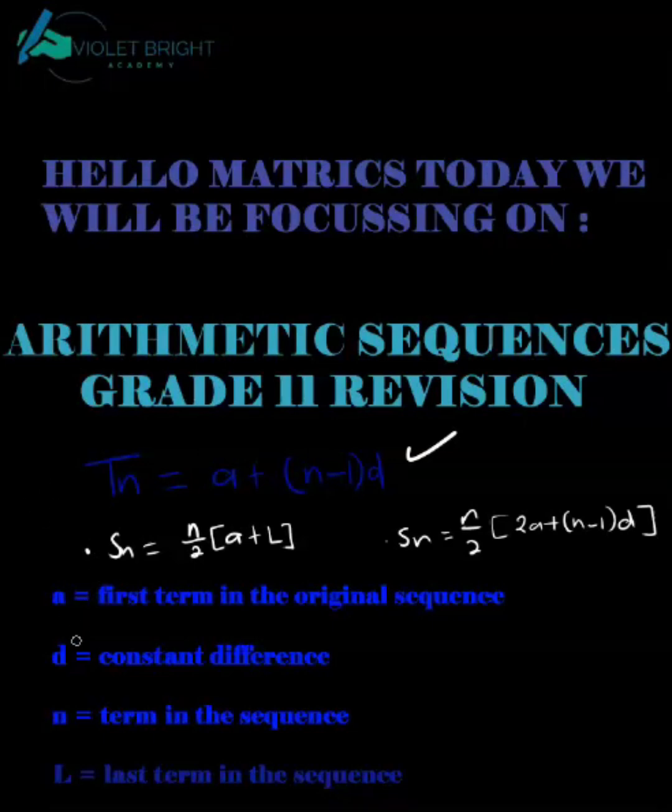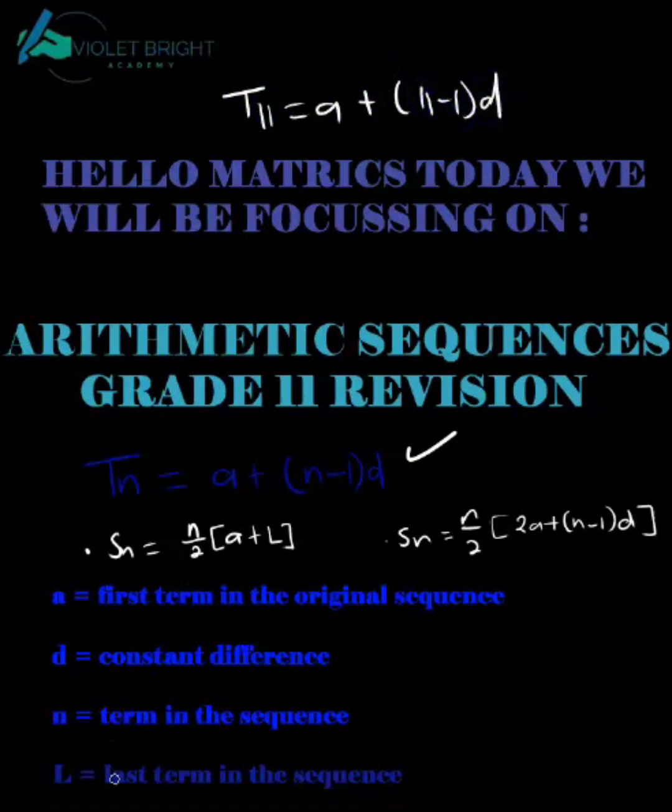So please make sure. A stands for the first number in the original sequence, d is the constant difference, and n is the number of terms in the sequence. Let's say you're looking for T11, you know what it's going to be. T11 equals a plus (11 minus 1) times the difference.